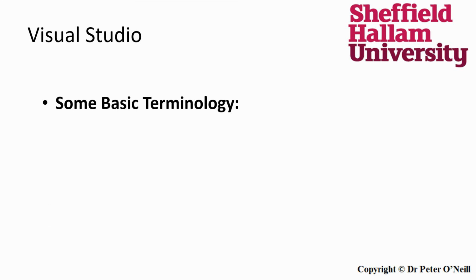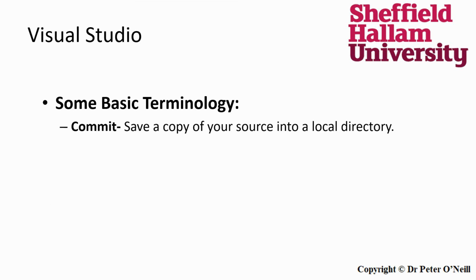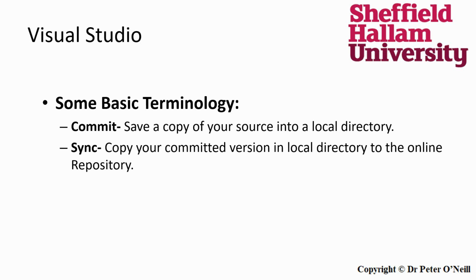Some basic terminology. Commit. Save a copy of your source code to a local directory. Synchronize. Copy your committed version of your local directory to your online repository at GitHub or other provider.